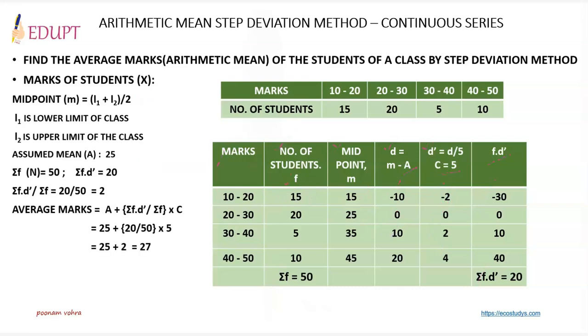And then finally we can apply this formula A plus sigma fd dash divided by sigma f into C. A, assumed mean, is 25. Sigma fd dash we have found as 20, sigma f is 50, into common factor 5. So we get answer as 27, implying average marks obtained by the students are 27.